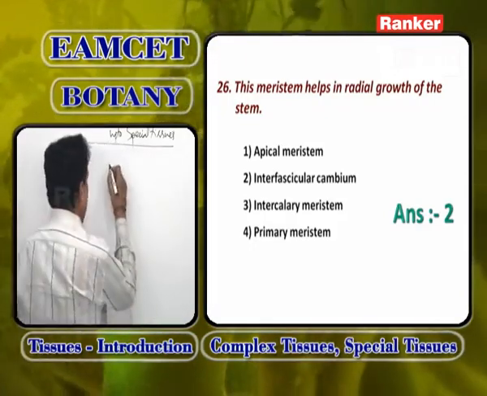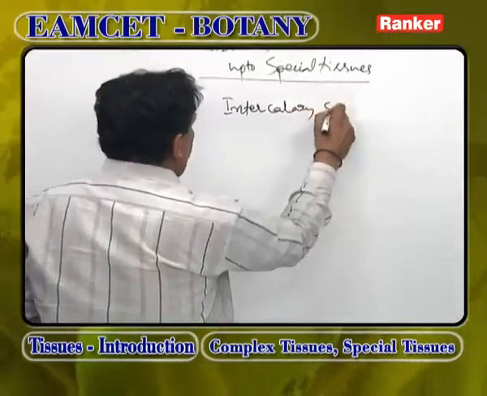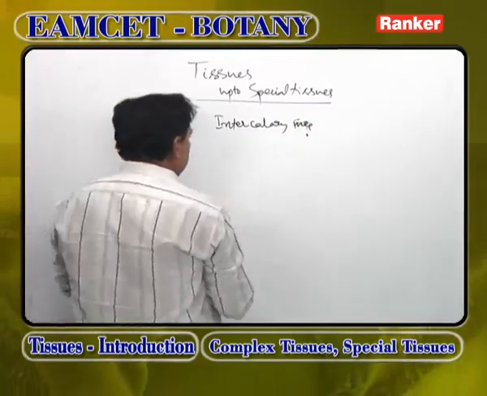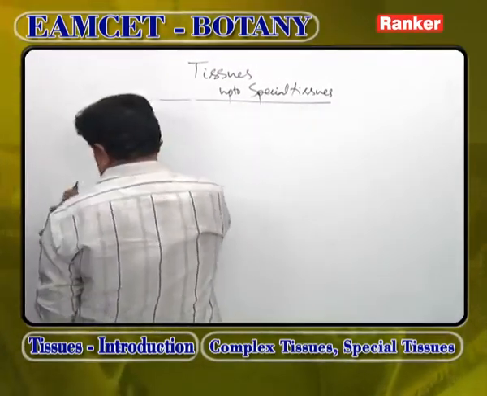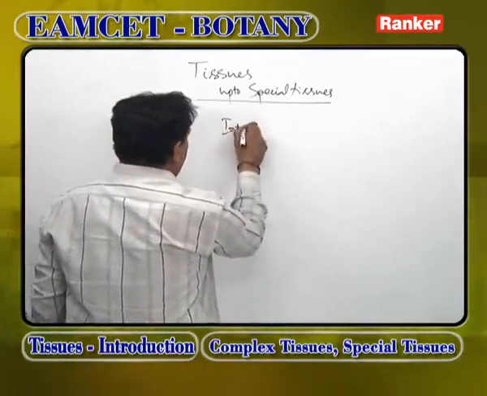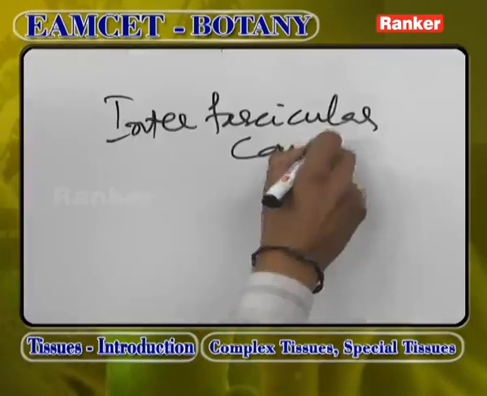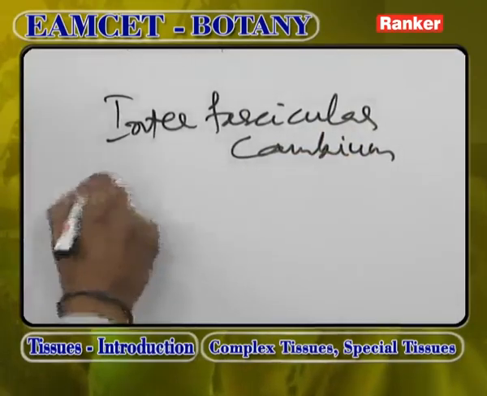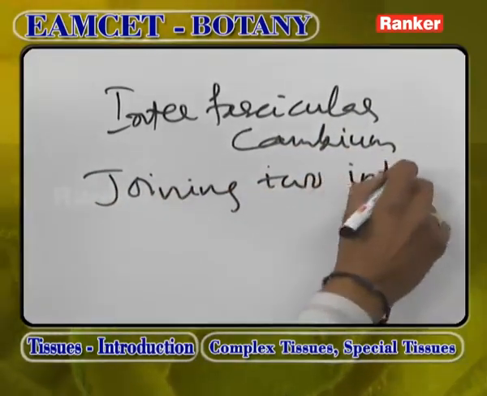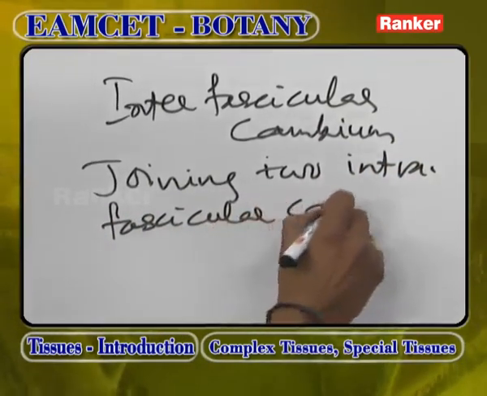Why? Because during secondary growth, from the cells of the medullary ray, a special secondary meristem called interfascicular cambium is formed. Its main function is joining to intrafascicular cambia.